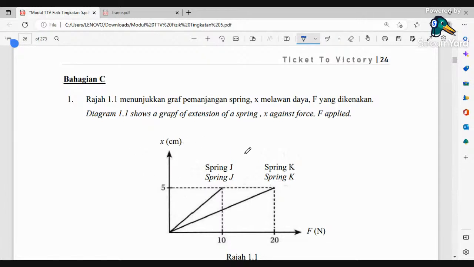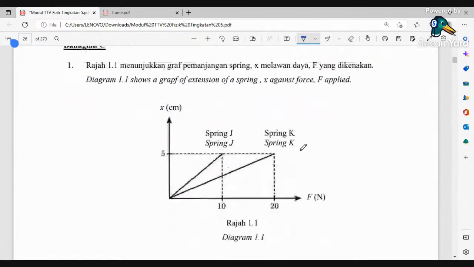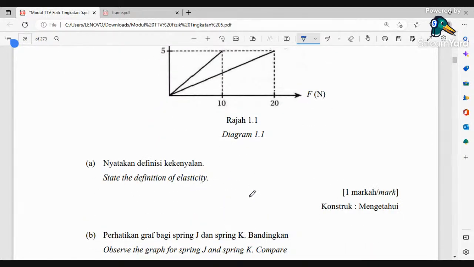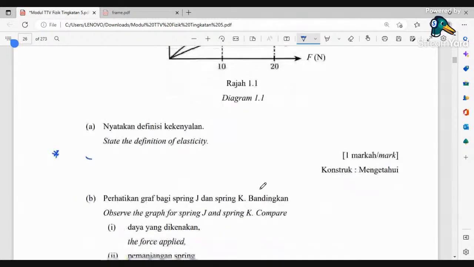Okay, section C, diagram shows graph of extension of spring x against F. X against F. Okay, state definition of elasticity. Okay, once discussed before. Same thing. Property of a material that enables it to return to its original size when force applied is removed.